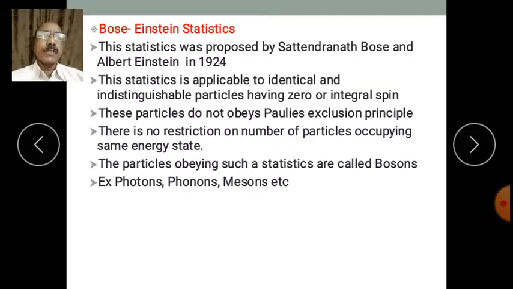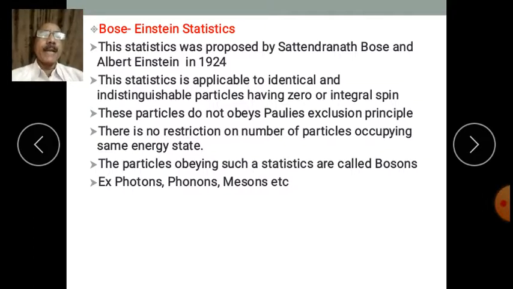Maxwell-Boltzmann statistics can explain certain properties of an ideal gas, like temperature, pressure, etc. But it fails to explain black body radiation or the behavior of specific heat of materials at low temperature and certain other properties.